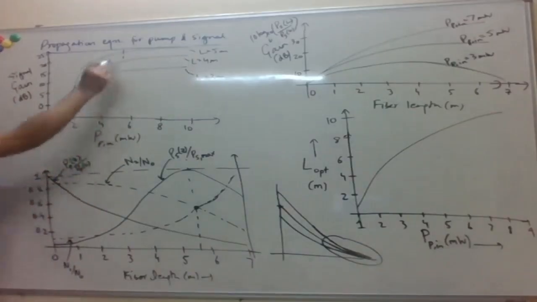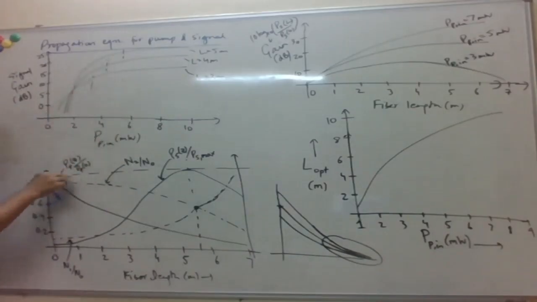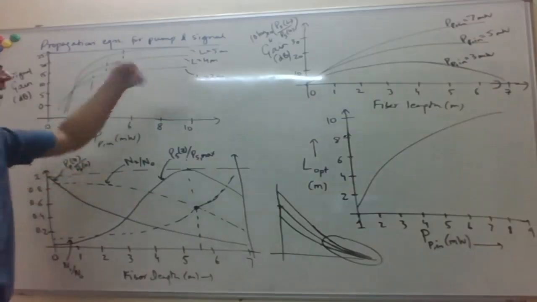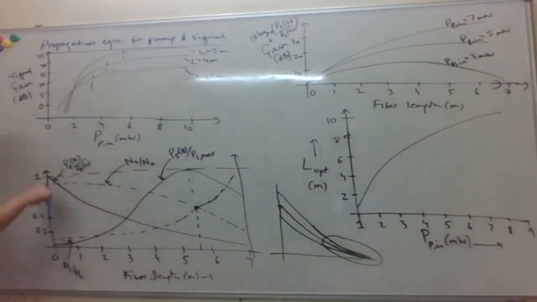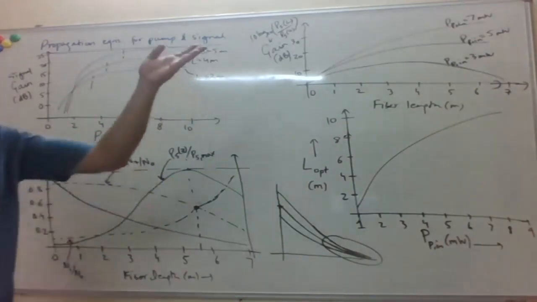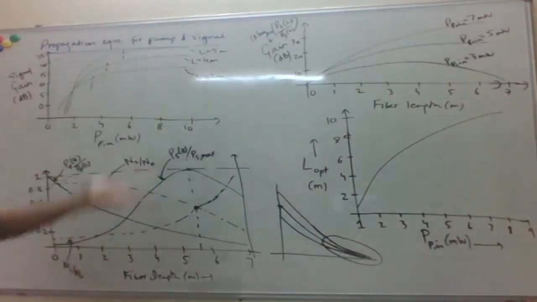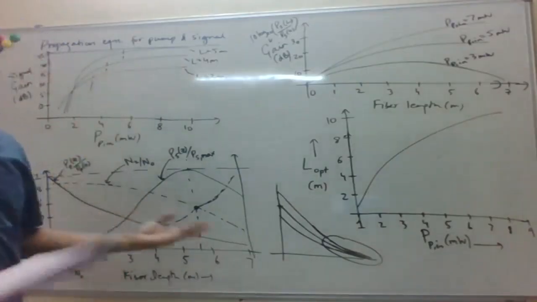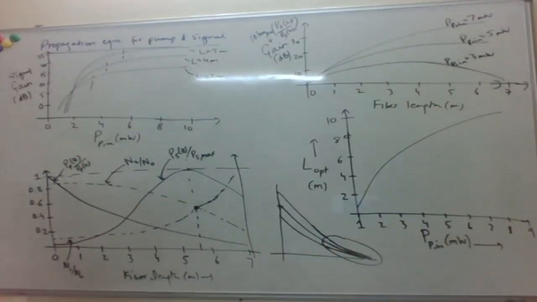At this pump power, you've already inverted 100% of the atoms, at least for the initial part. If you increase pump power further, this can't go beyond 1. Once you've pumped all the atoms to level 2, that's it. So increasing pump power doesn't give me larger population inversion because I already have 100% population inversion.